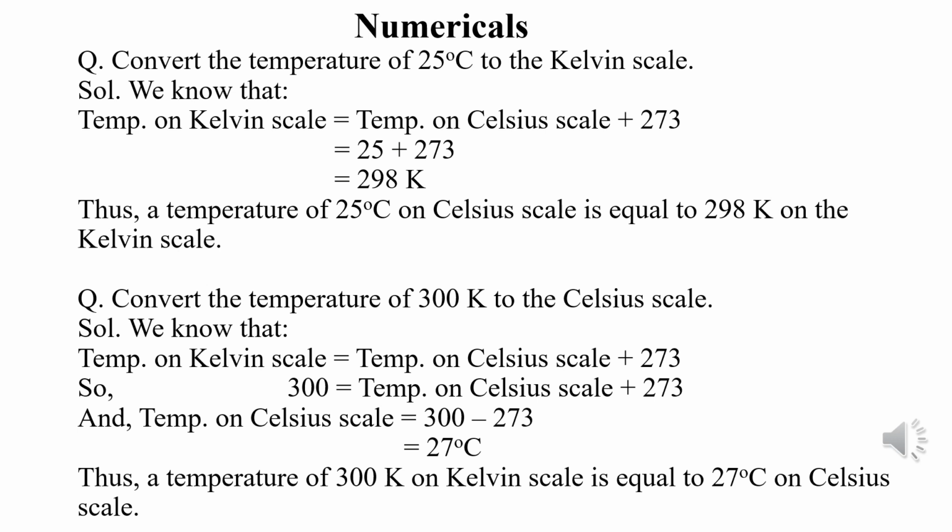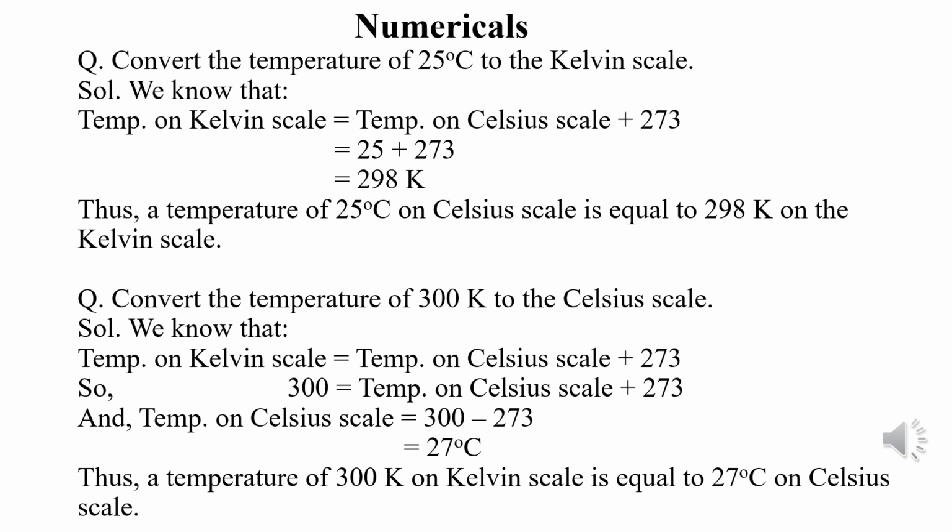So when the temperature given to us is 25 degrees Celsius, the relationship says temperature on Kelvin scale is equal to temperature on Celsius scale plus 273. So 25 plus 273 will give us 298 Kelvin. So 25 degrees Celsius is equal to 298 Kelvin.